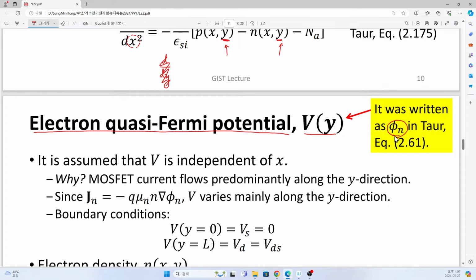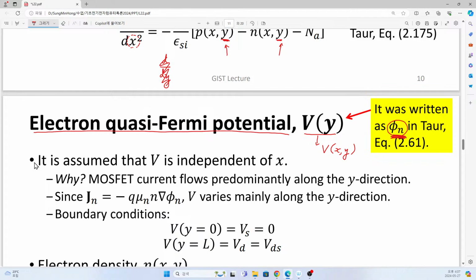Please note that this is nothing but the electron quasi-Fermi potential. However, here we have a really important meaning for this expression. V or phi n in general should be written as a function of x and y. Of course, this is a two-dimensional space, so we must consider this a two-dimensional quantity.